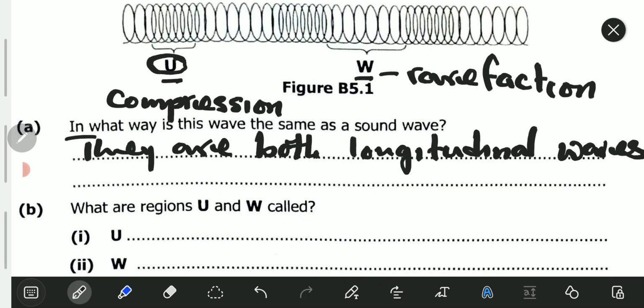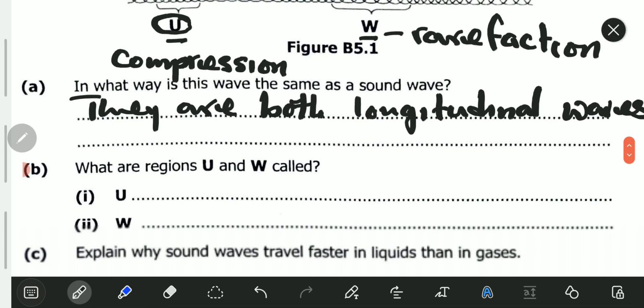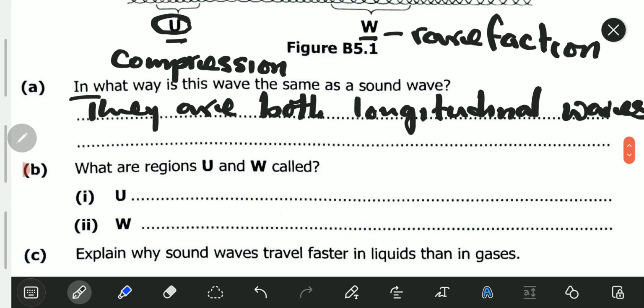The third similarity is that they both require a medium. For this wave to exist, it needs the spring. For sound to exist, it needs a medium such as air or gas or even liquids. In a vacuum, it won't happen. So those are some of the similarities.